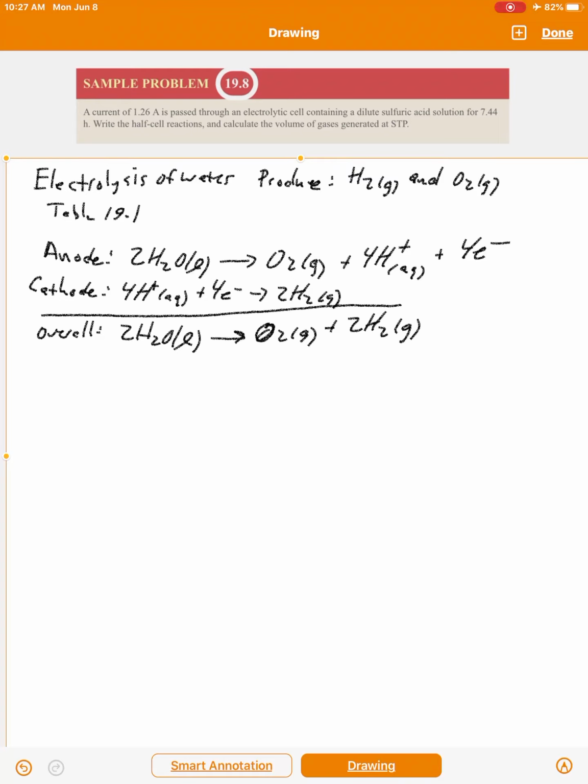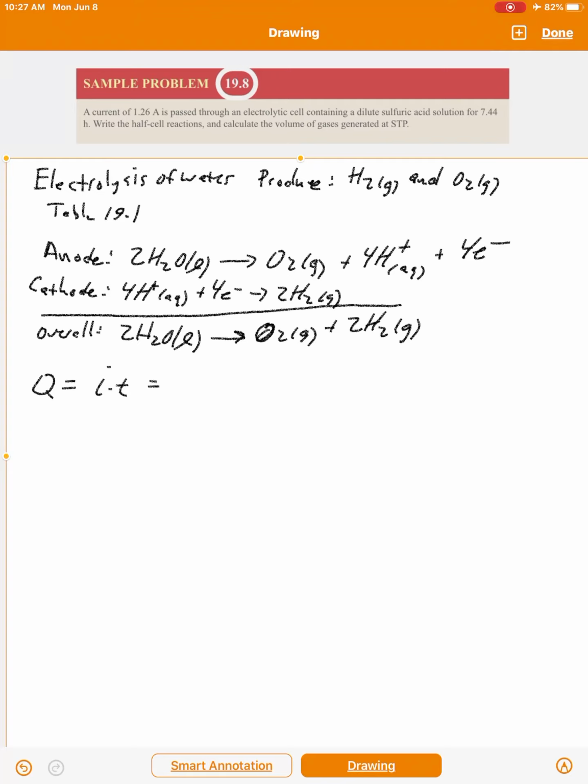There's 2 gases that we're going to have to calculate for. So I'm going to do oxygen first, then we'll come back and do hydrogen. Okay? Step 1, the amount of electrical charge is equal to the current times the time.